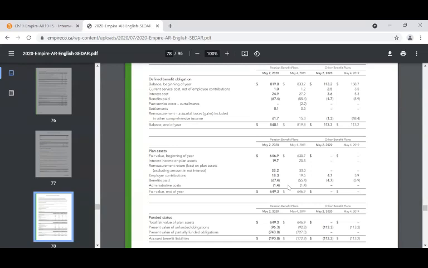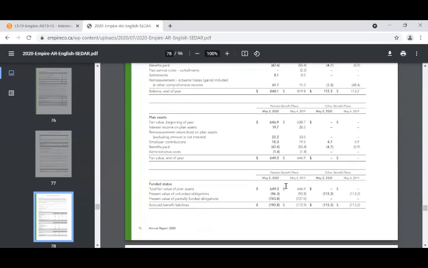Okay, and they also have those two come up to the funded status. Okay, so they are underfunded. They have a deficit. So this amount added to this amount is the amount in the balance sheet.